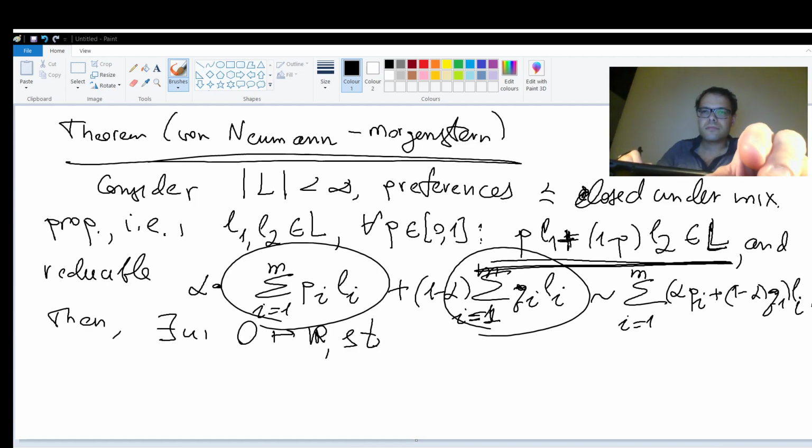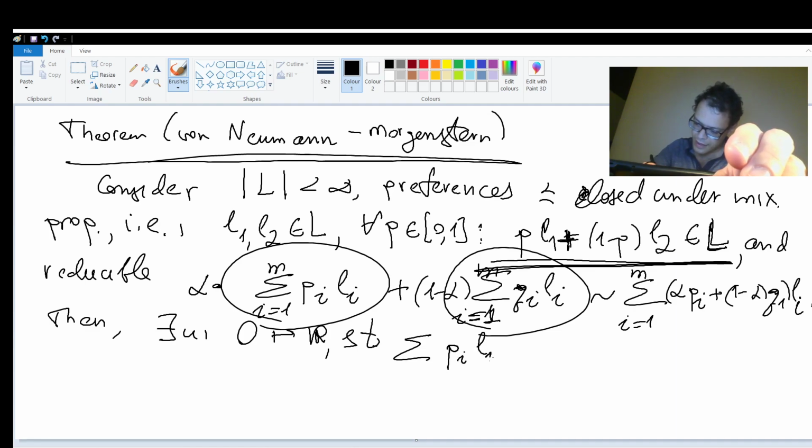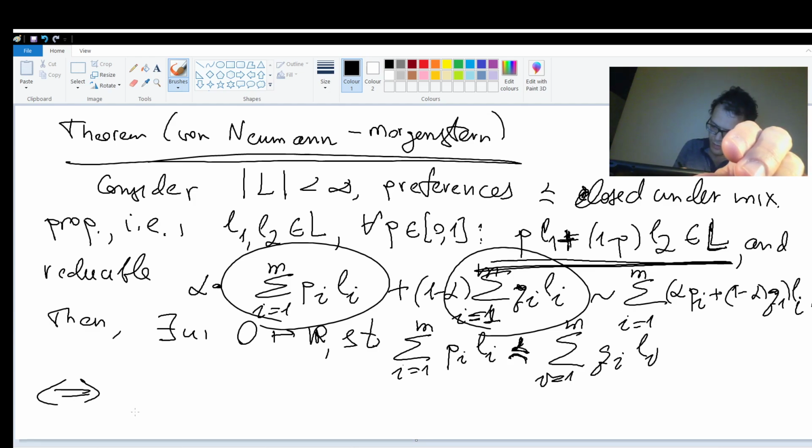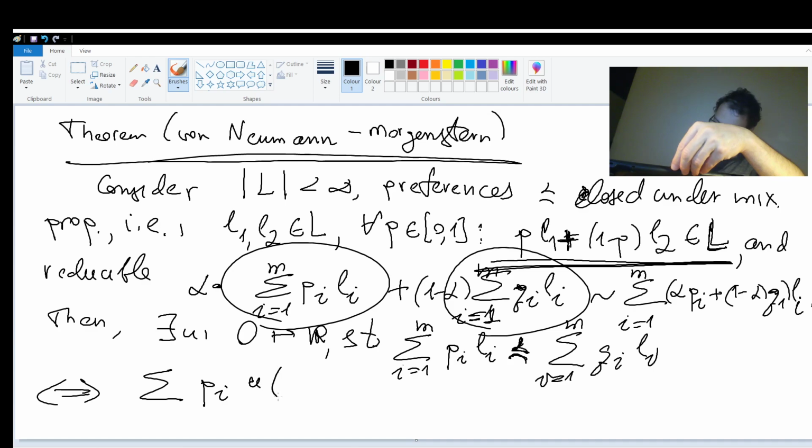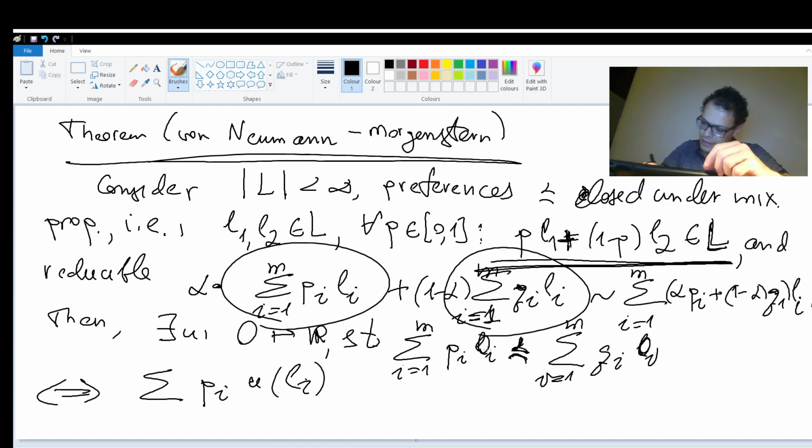And then we can combine lotteries by calculating the value of this function, such that the lottery with the p_i's is not better than the lottery with the q_i's if and only if, and here these are numbers, we look at the function of each one of the O_i's, assuming the L_i's are basic outcomes.